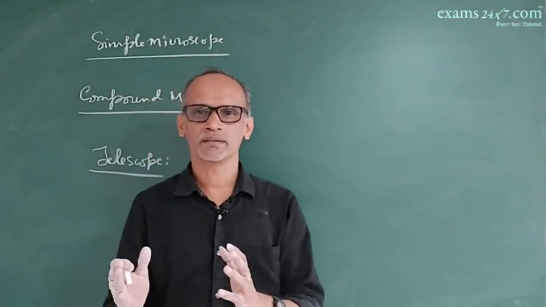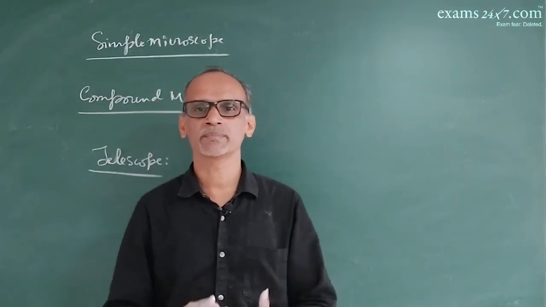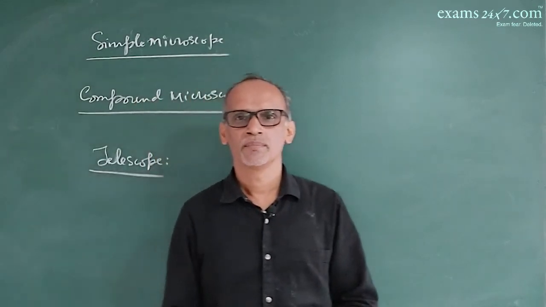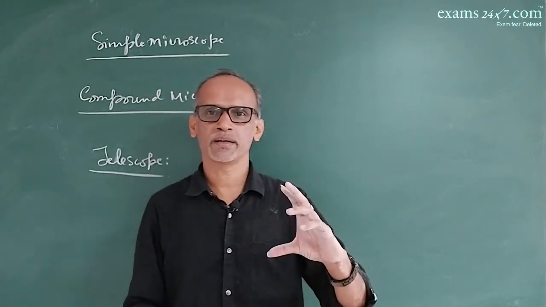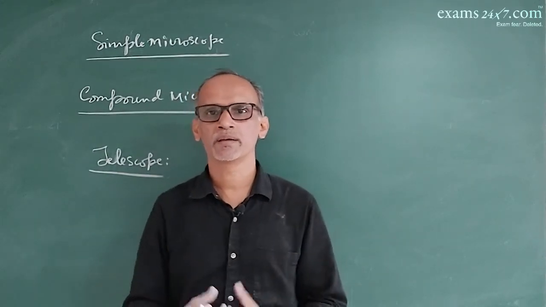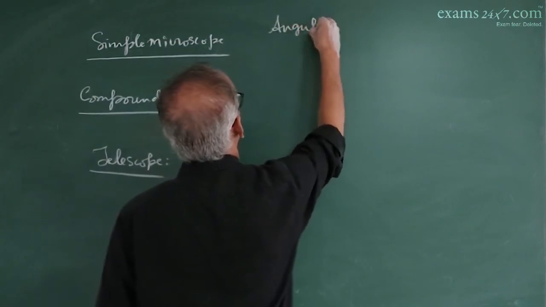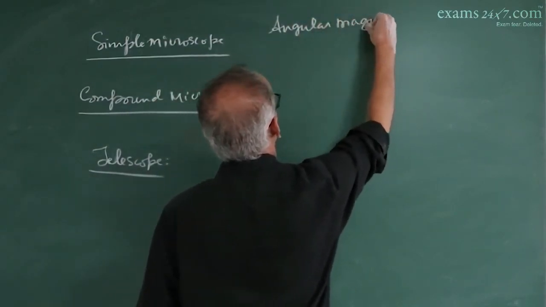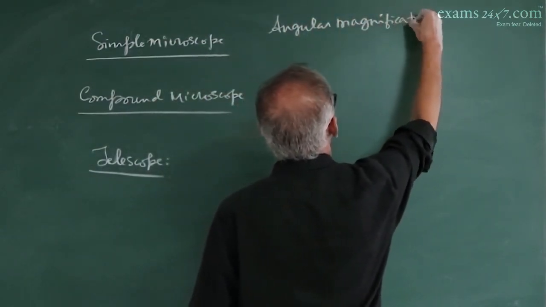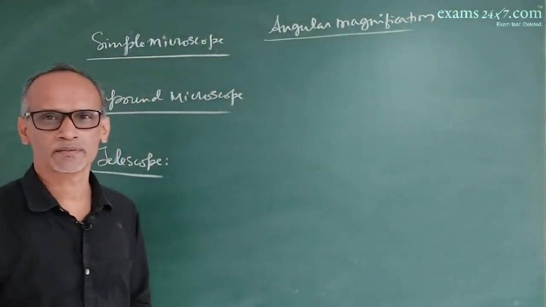If you compare the heights of the object and the image, then we can measure a magnification called linear magnification. By comparing the angle subtended by the object and the image at the eye, we can measure the angular magnification. It is also called the magnifying power.